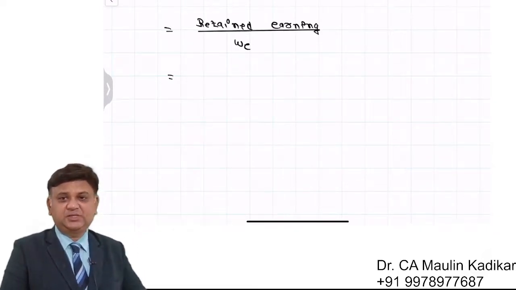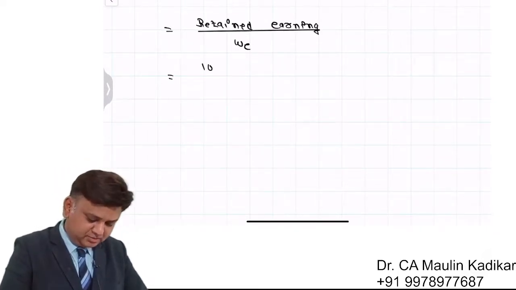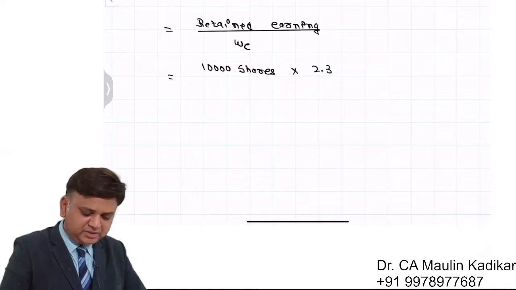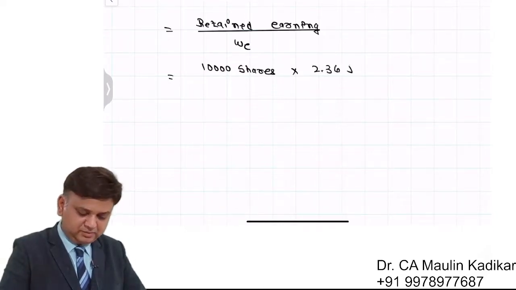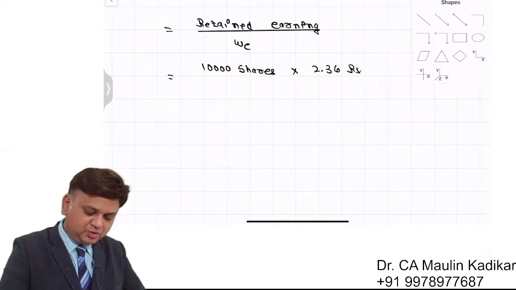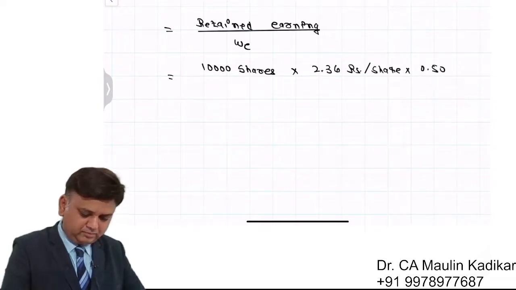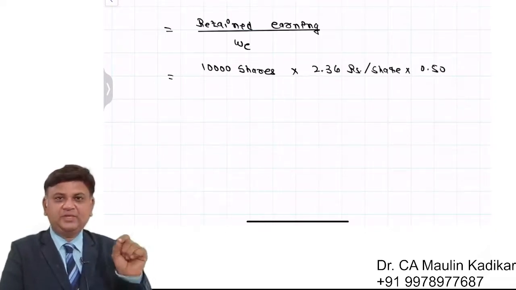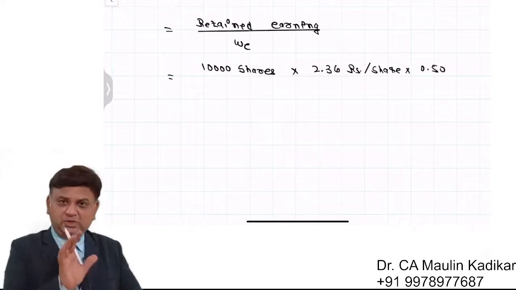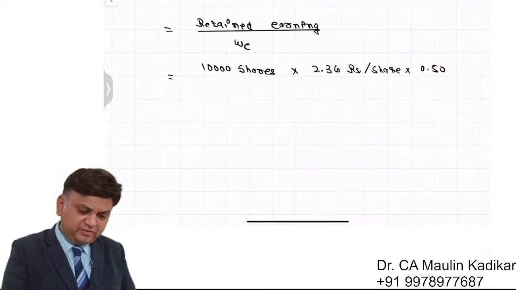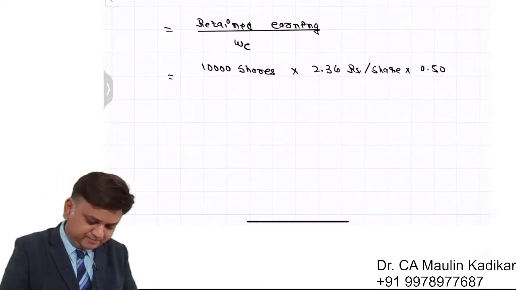See, the company has issued 10,000 equity shares. Earning per share is 2 rupee 36 paise. And the company is going to retain 50% of the earning. So this number of equity shares into earning per share will give the total earning, into retention ratio will give the retained earning, divided by 0.8.